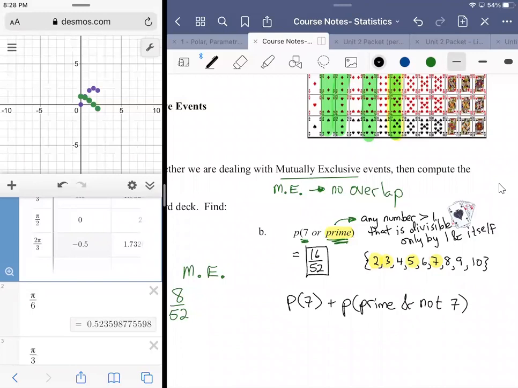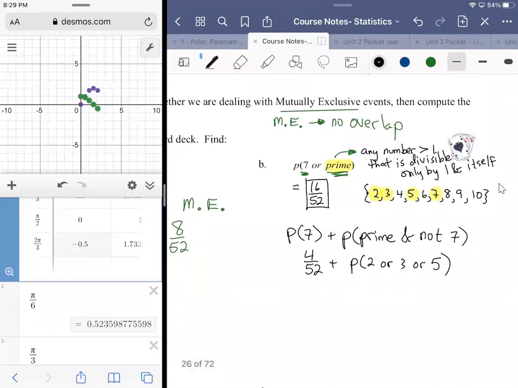So I only want the prime numbers that are not 7. So 4 out of 52 for the 7s plus all the other ones. So the probability of a 2 or a 3 or a 5.